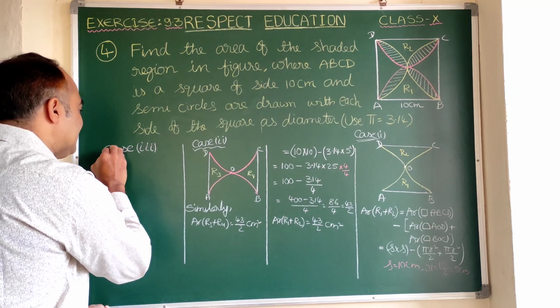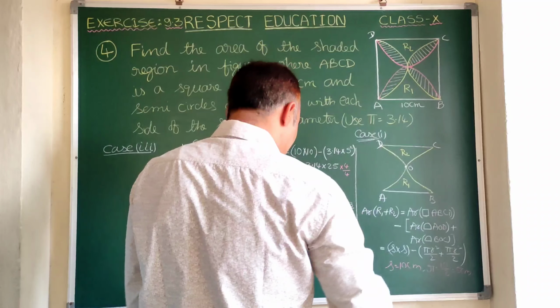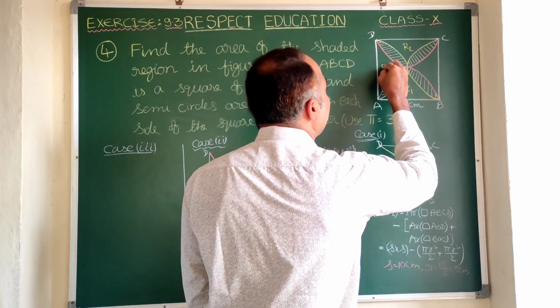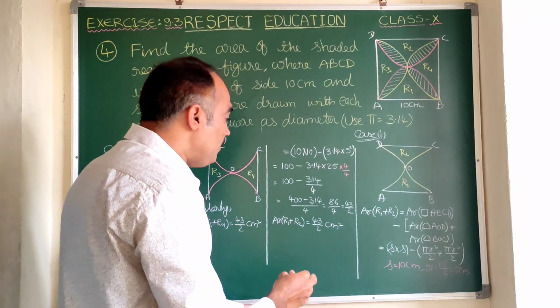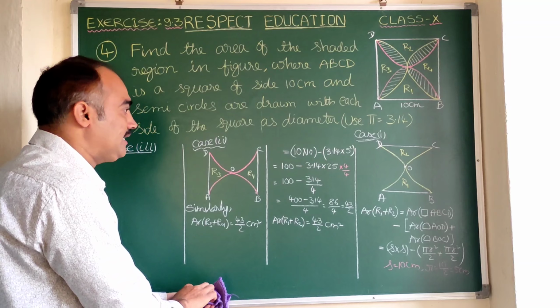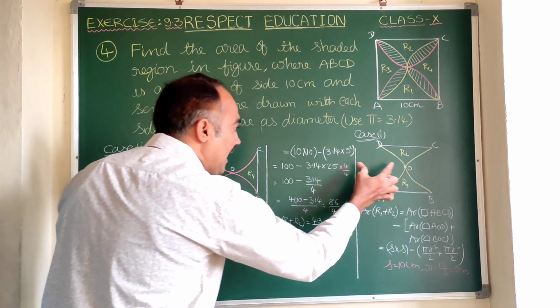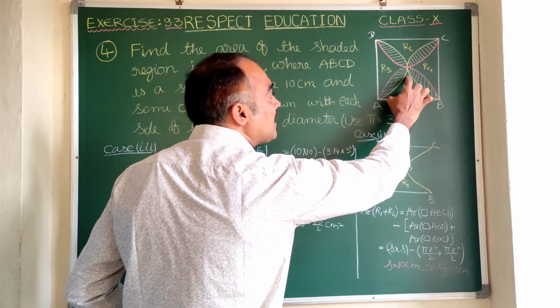The third case is that, see, this is the portion of R1 plus R2, and here this is R3 plus R4. Now let us add both the cases. If we add both the cases, what do we get here? Let us add this figure and this figure. On adding, we will get the complete figure.